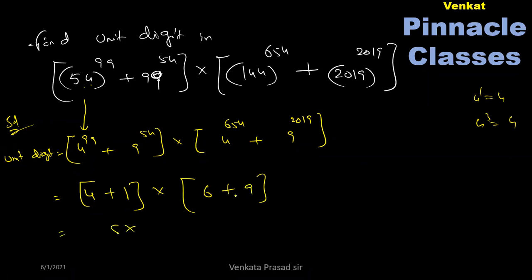So this is 4 plus 1 plus 6 plus 9, which is 20?